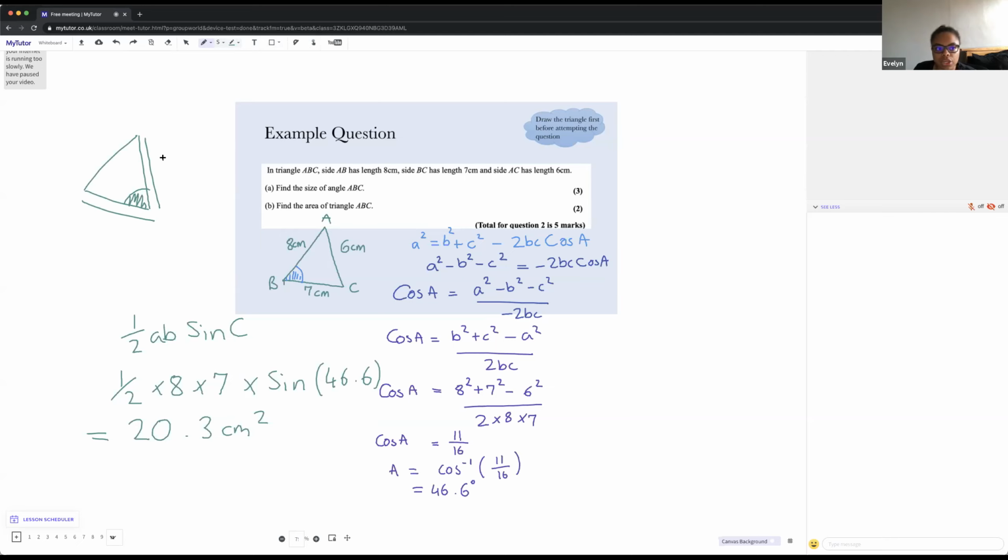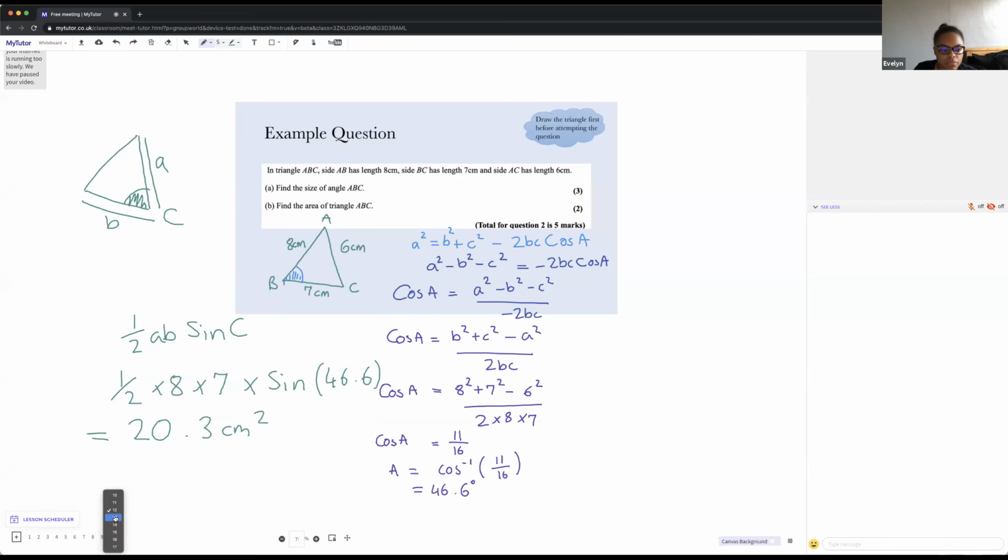And that would be your A, your B, and this would be your angle C. So always the lengths that are touching your angle, that's the one that you use for your area of a triangle. Brilliant. So hopefully that does make sense. Again, if it's a little bit confusing, remember it will be on the MyTutor YouTube page, so you will have a chance to look over it again.